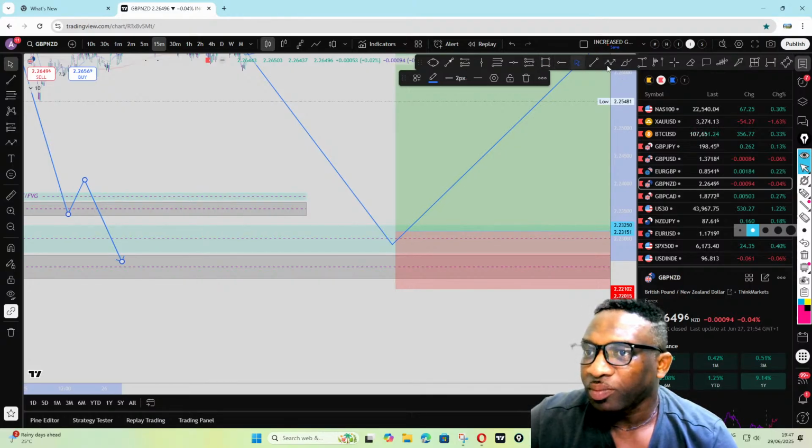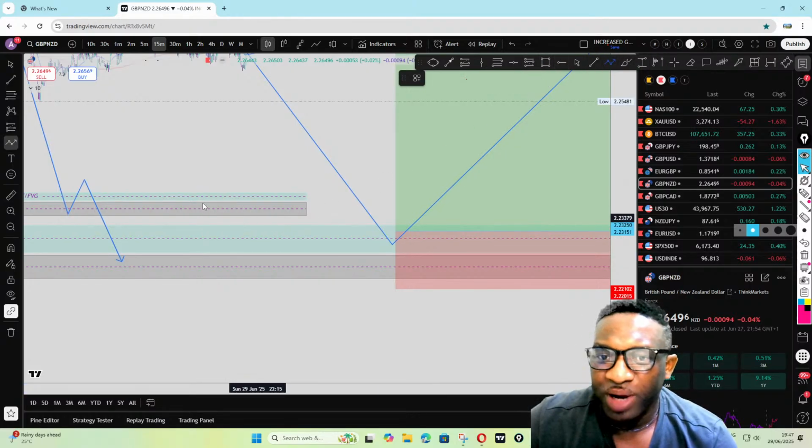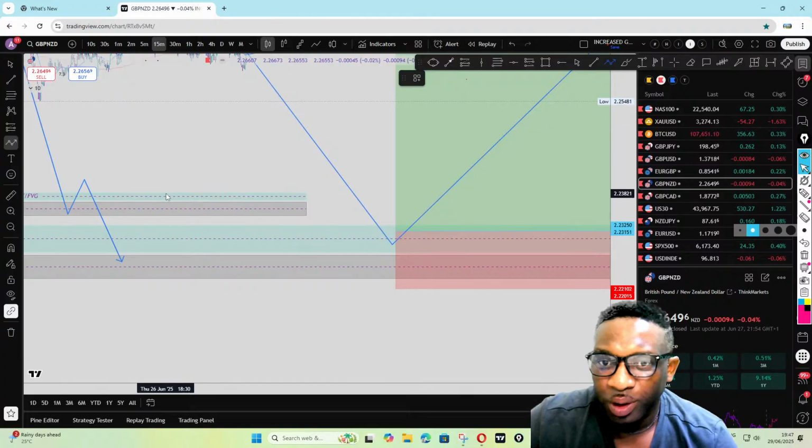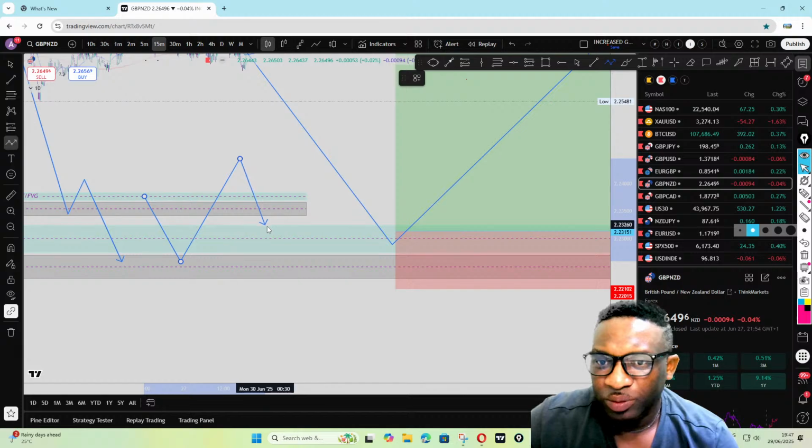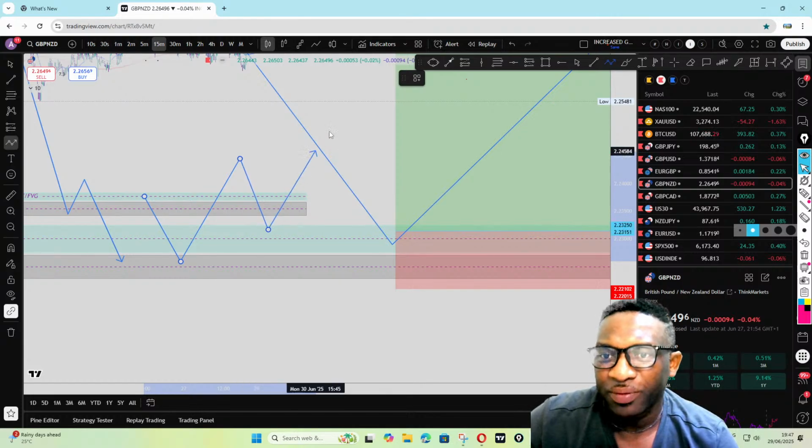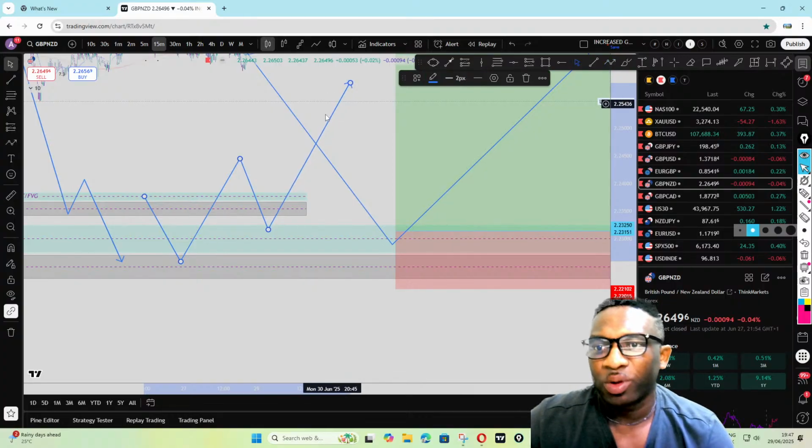So as price gets to this level, or even at this level, any of these levels, what you want to see before you get into the trade is price making a tap into this area, then pushing up to break a structure, then coming back to tap into this area. Then this is where we continue.